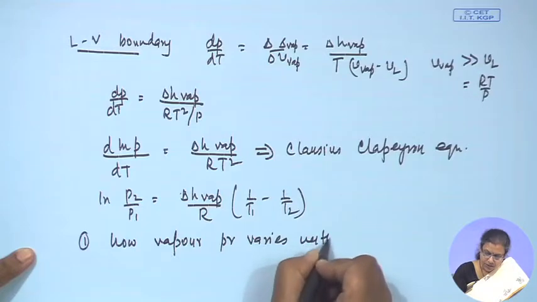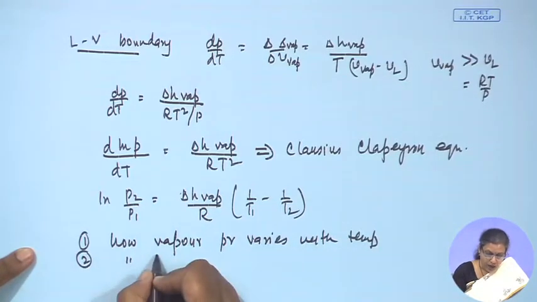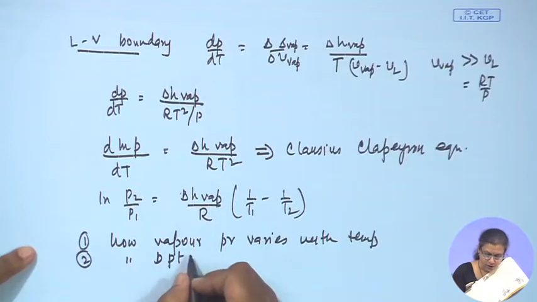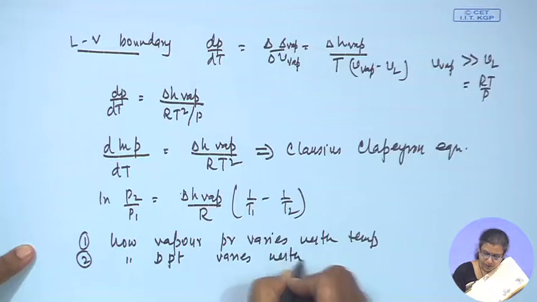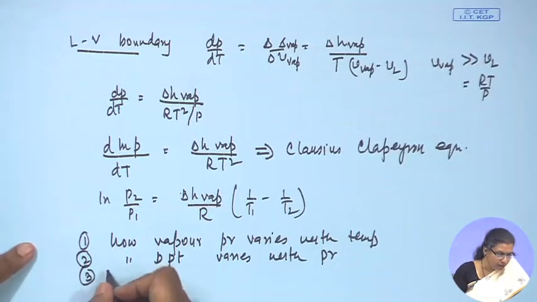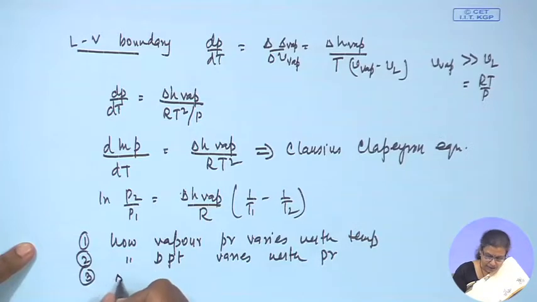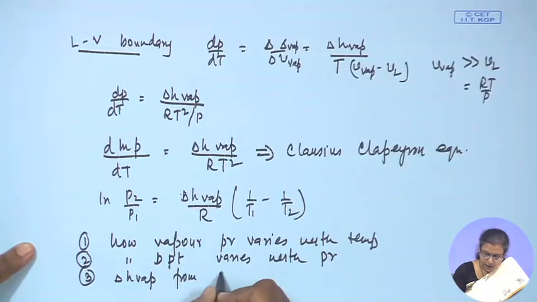The other thing that we can find is how boiling temperature or boiling point varies with pressure. And the other interesting thing which we can find is we can find out delta H vaporization from PT data. This is the other important thing.